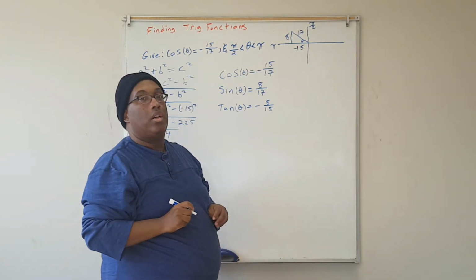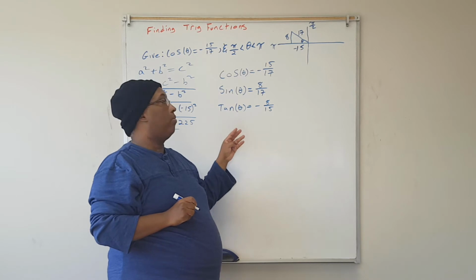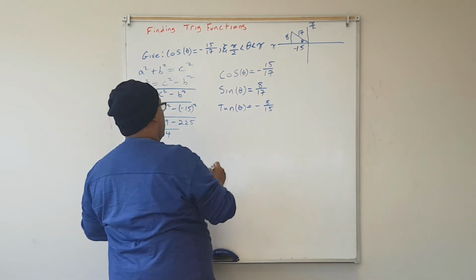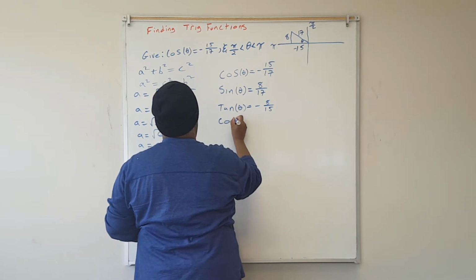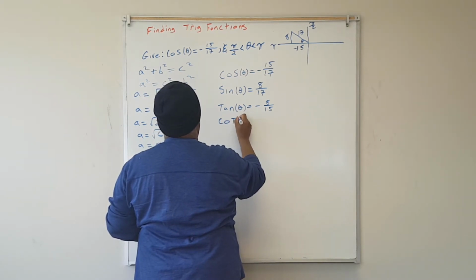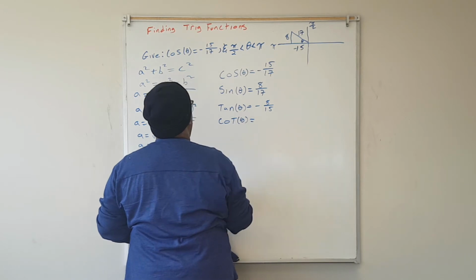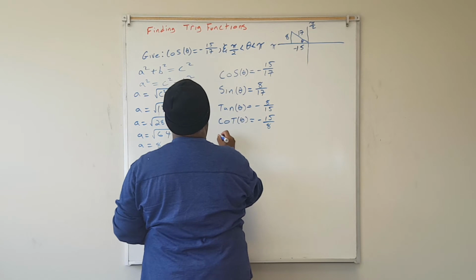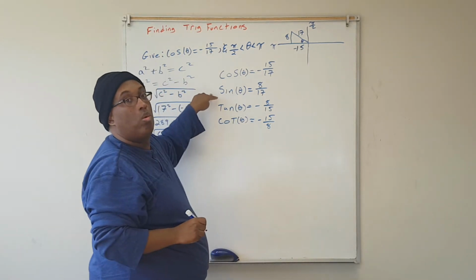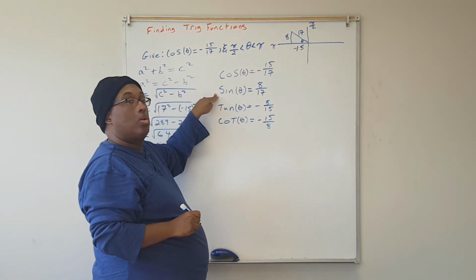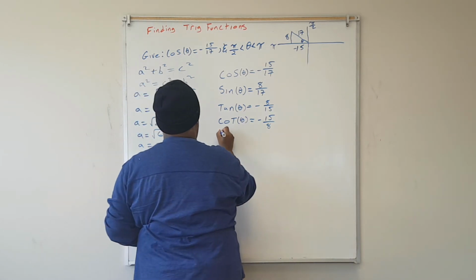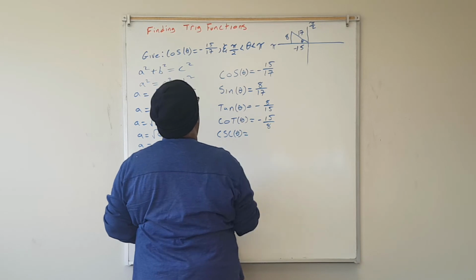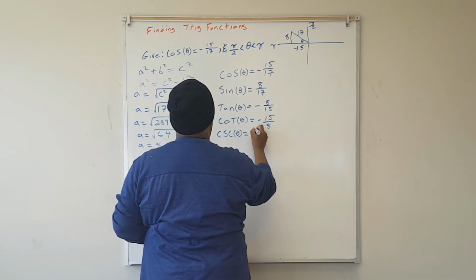Now we can find the reciprocals of these. The reciprocal of the tangent is the cotangent, which will equal negative 15/8. The one that corresponds to the sine is cosecant, and that will be 17/8.